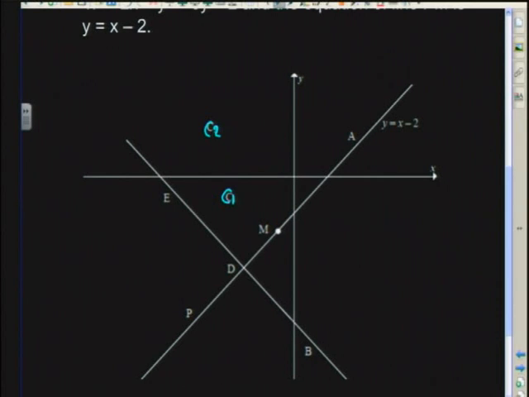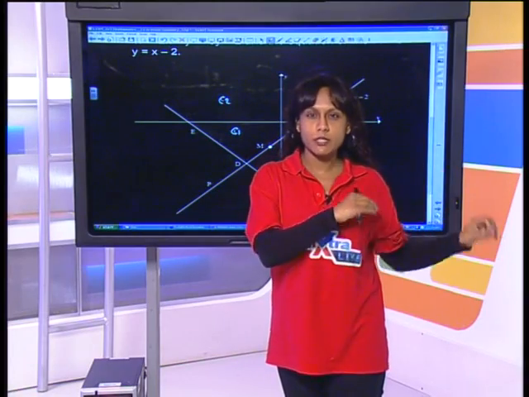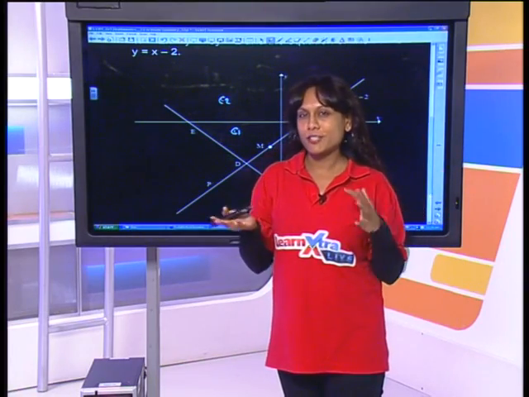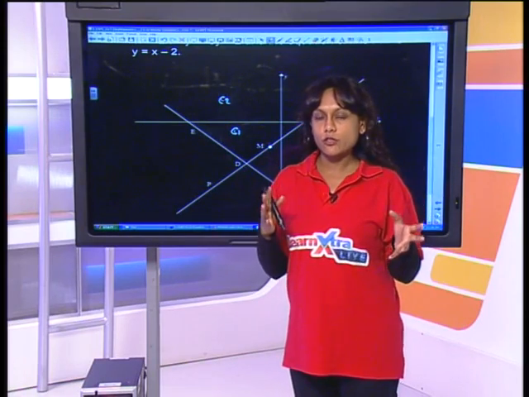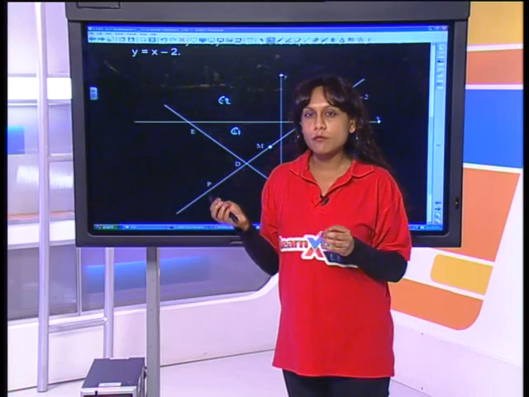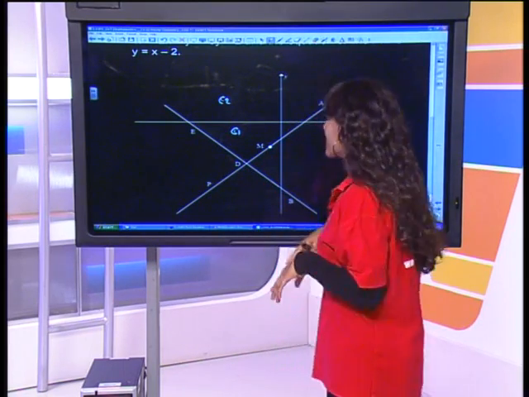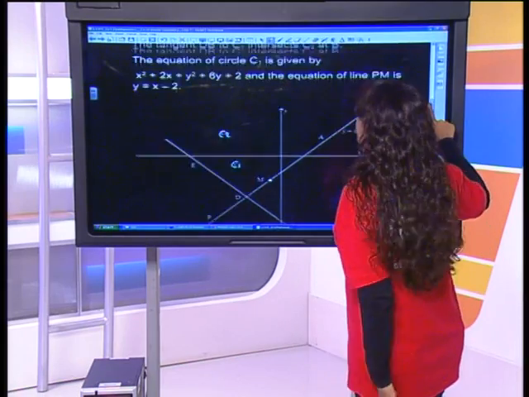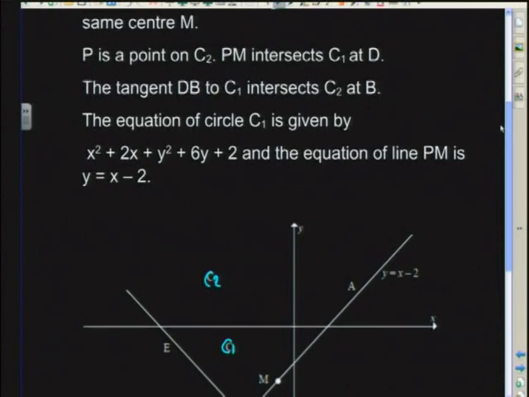But what they're saying is if you were to draw these circles, they will be concentric. Remember, concentric means they both have the same center. So another way we could have said this, because they just explicitly state that C1 and C2 have the same center M, we could have said that they're concentric. Okay, so remember that.